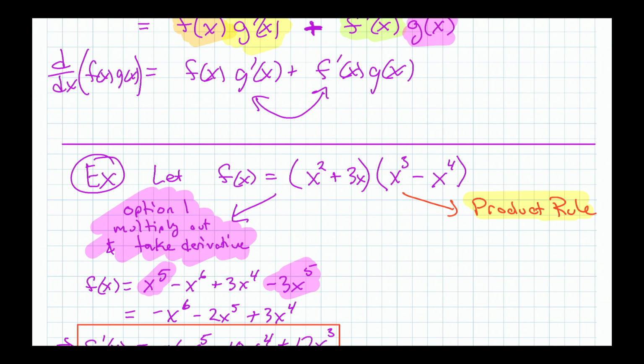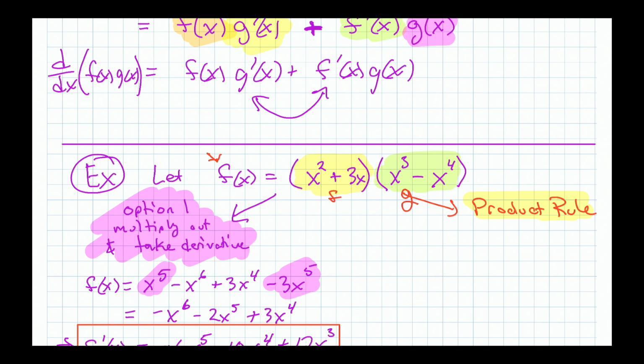For the product rule, you have to think of one of these as being your F, and the other one is going to be your G. Now I know that the original function is actually called F, but I'm not paying attention to that because I don't care about the name.